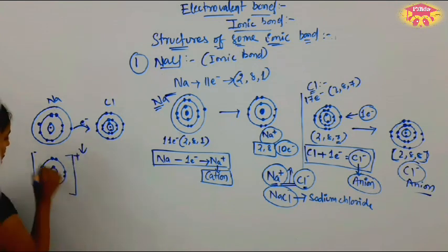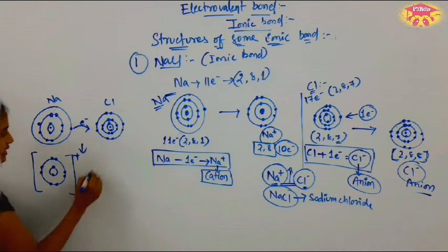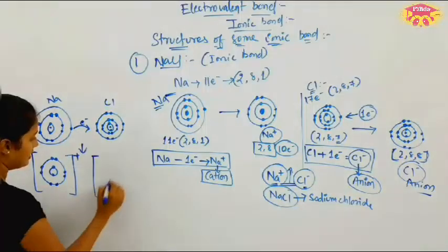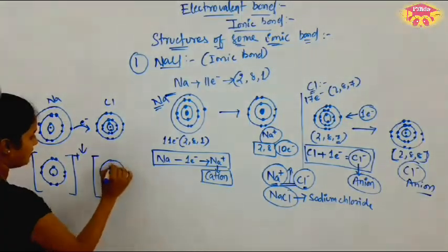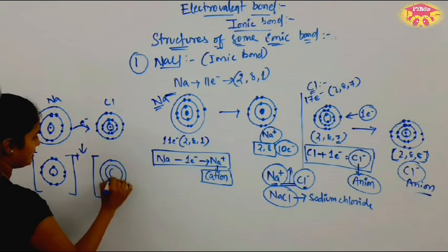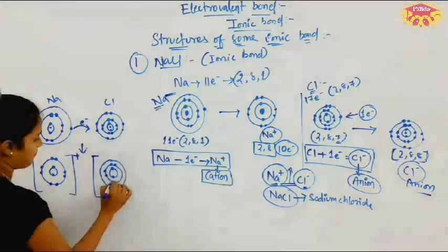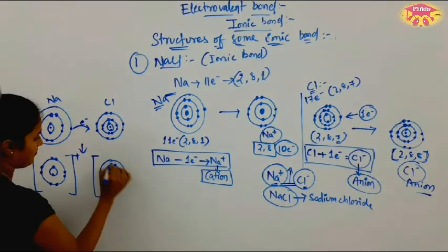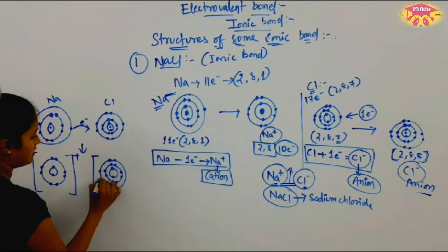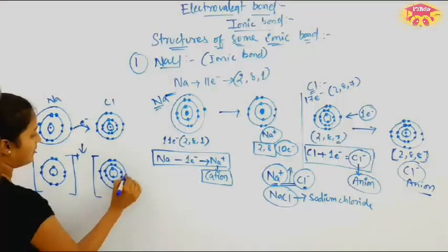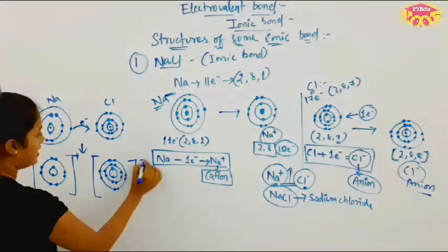This is positively charged because the sodium donated an electron and the chlorine accepted 1 electron, isn't it? So this is the final structure after the transfer of electrons.